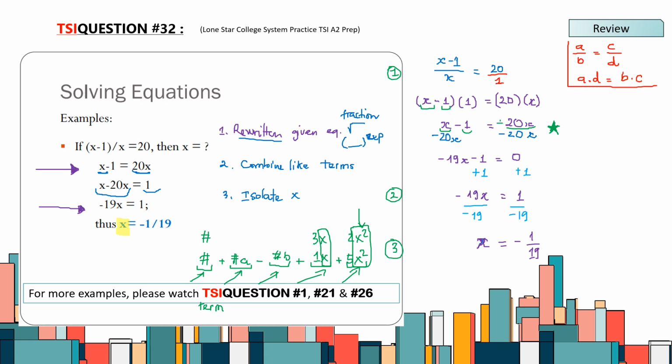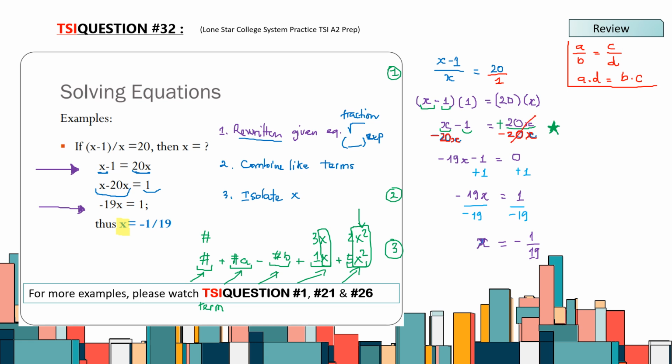So we have plus 20x on the right hand side. Now we do subtraction of the same amount, 20x. When you do it on one side, you have to do it on the other side. So you subtract 20x from both sides. Now the right hand side is 0.